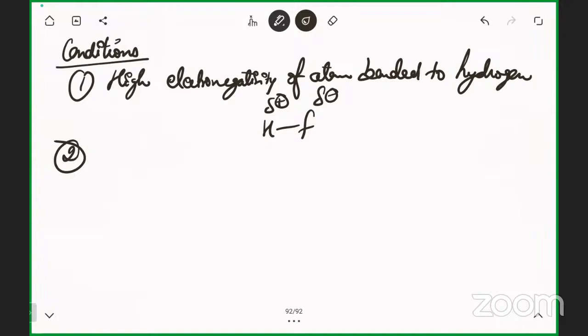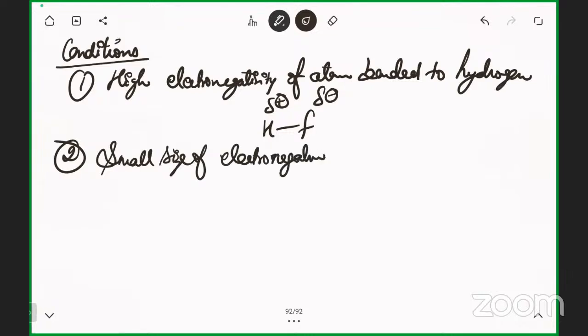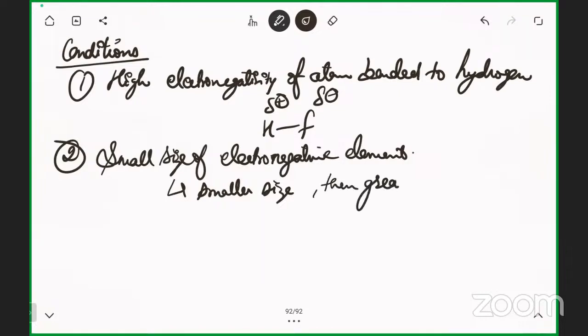Second condition: small size of the electronegative element. Why? Smaller size means greater attraction of the bond pair.